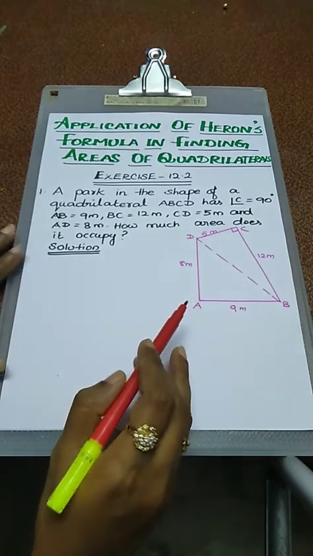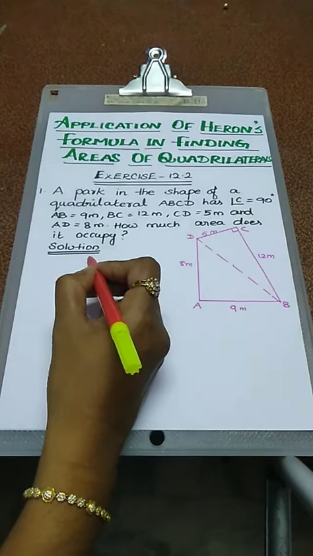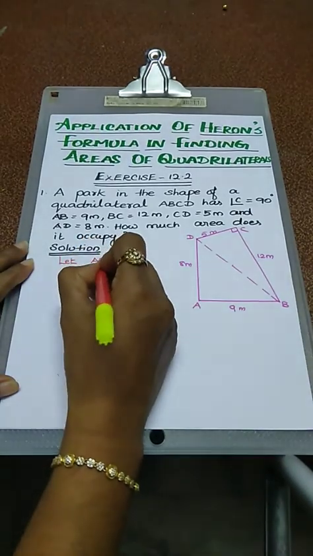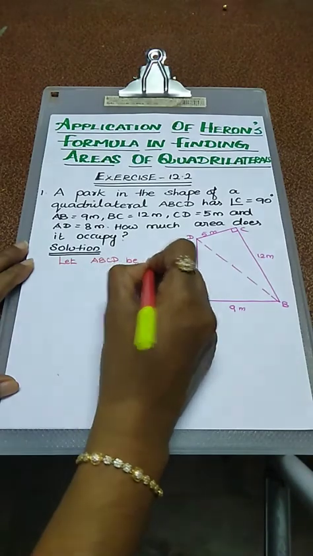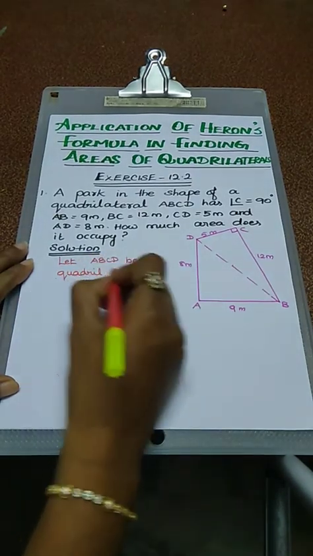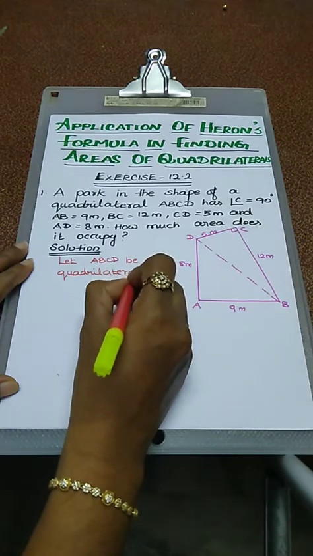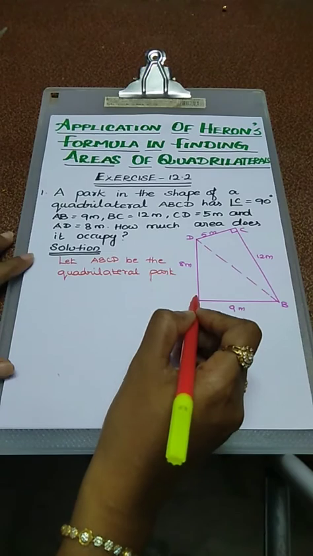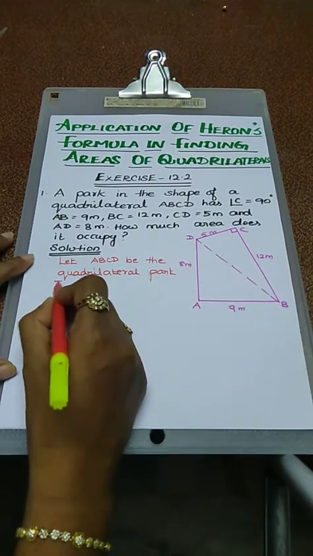First write the given. Let ABCD be the quadrilateral park. That is given. Another one, join BD.